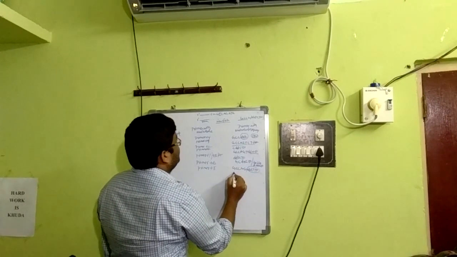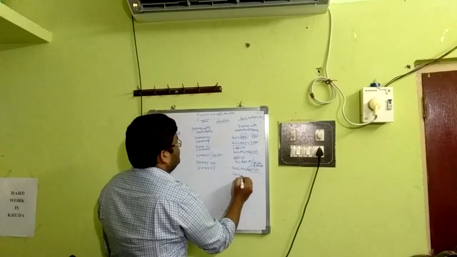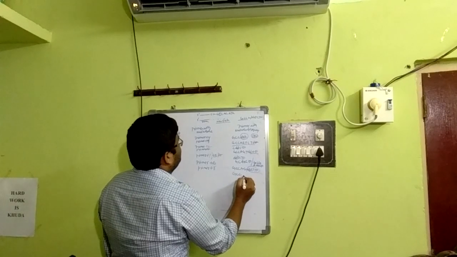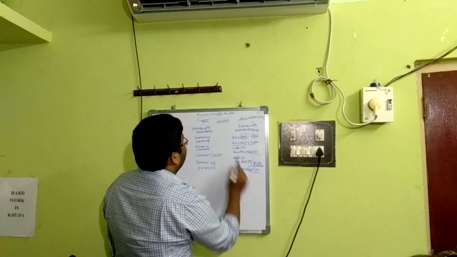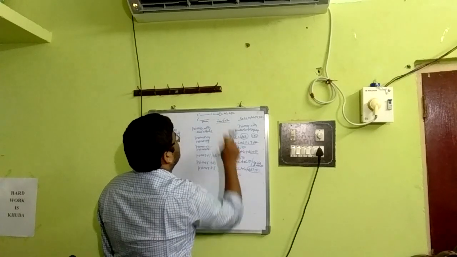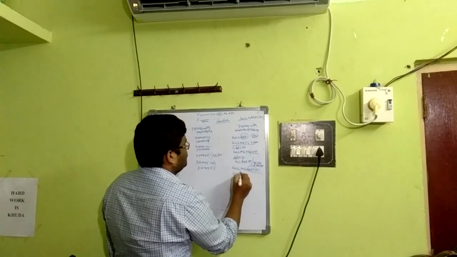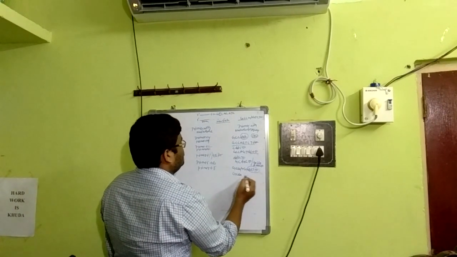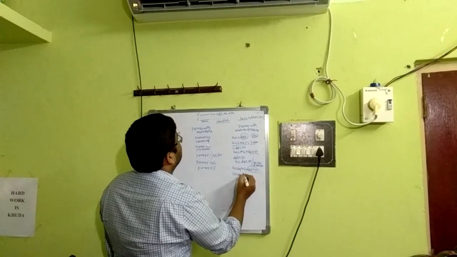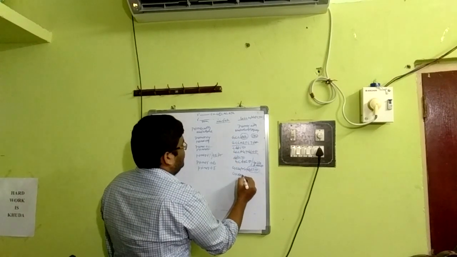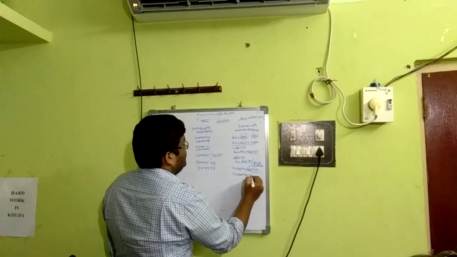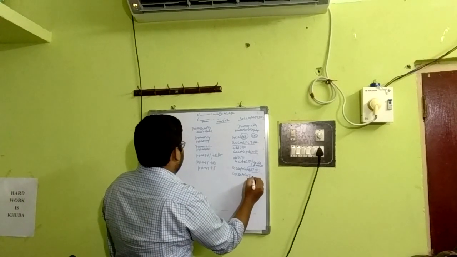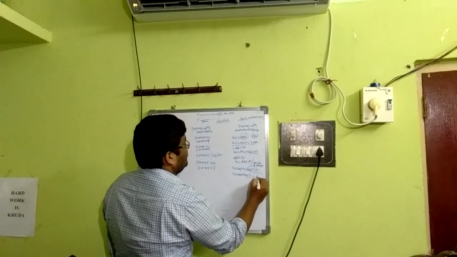Then again the same, G, C, C, then G, G, C, then C, C, C, then A, G, T, C, then ddDTP.